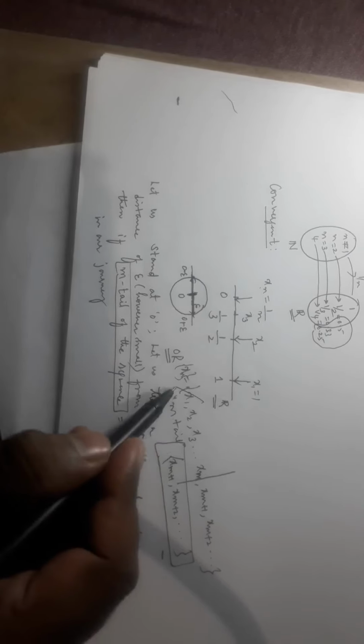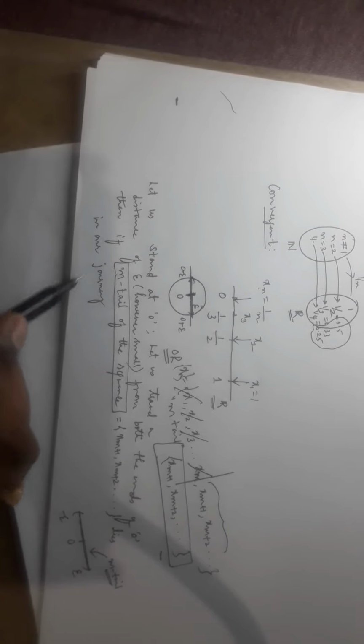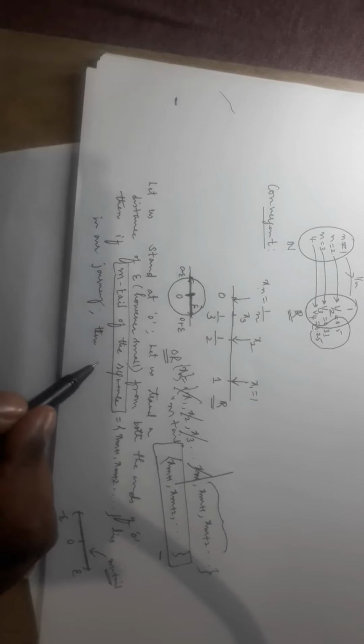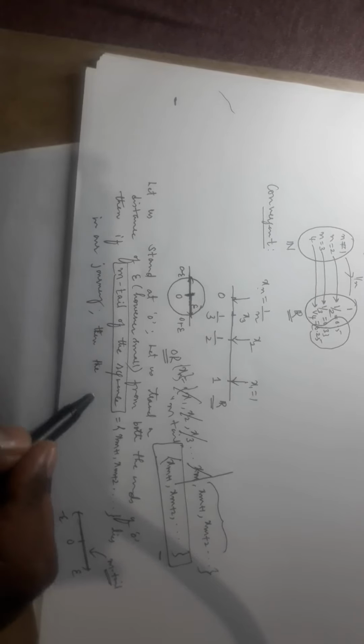That means how many are left out? 1, 2, 3, m are left out. After that, everyone is here. Is it clear? If it lies in our journey, then the point where we stood at 0, or else where we started.